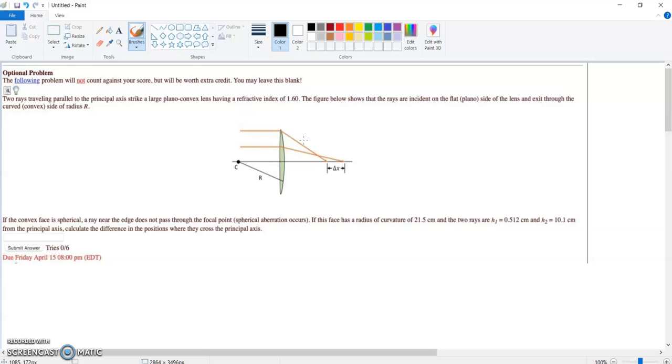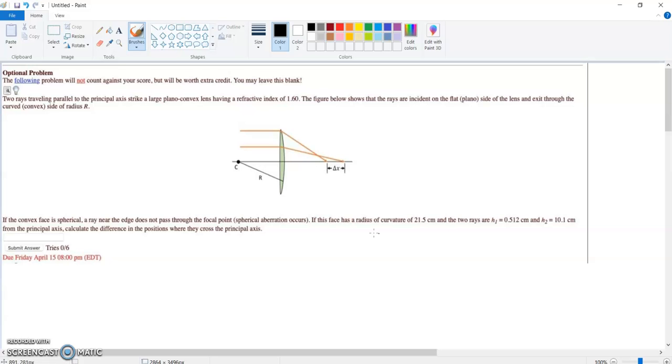So one side is flat, the other side is curved, it's convex. If the convex face is spherical, a ray near the edge does not pass through the focal point. You can see the rays are moving in a different direction. They are not concentrating at one point.